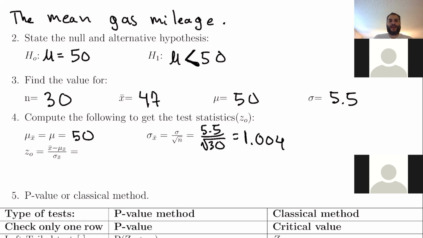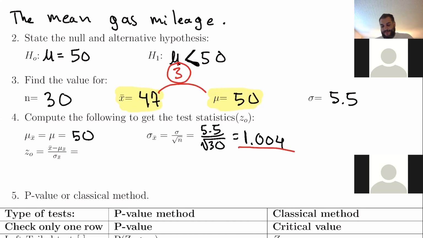So let's look at the difference between x bar and mu. How much of a difference do we have? Three. Yeah, so we'll put this in red: it has a difference of 3.